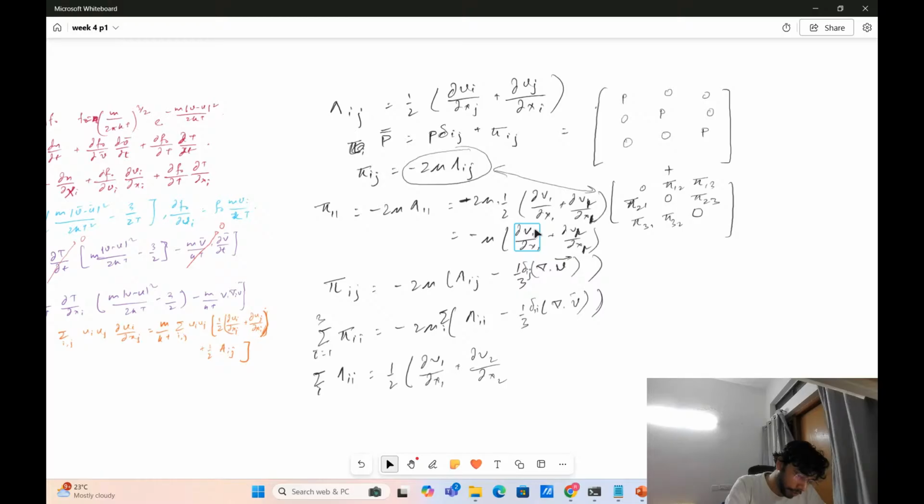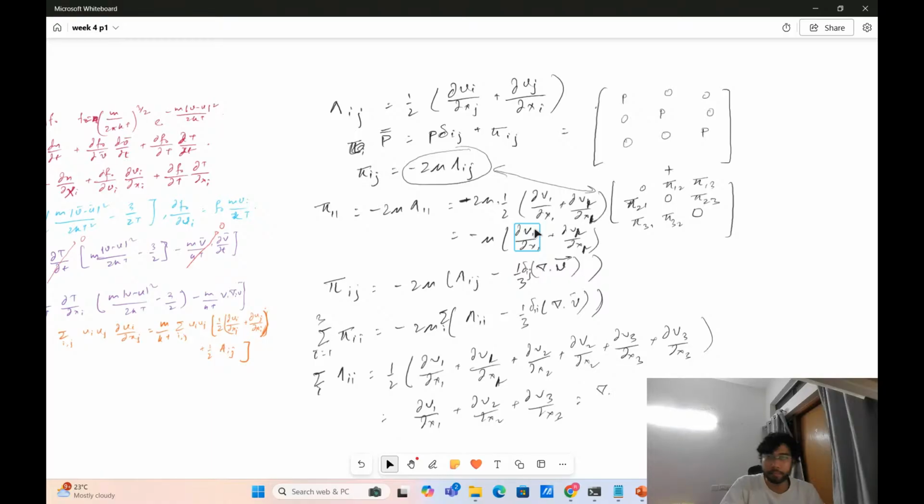And then similarly, del v2 del x2 plus del v3 del x3. So this will become del v1 del x1 plus del v2 del x2 plus del v3 del x3, which is nothing but the divergence of v. Now the first term gives you del dot v.